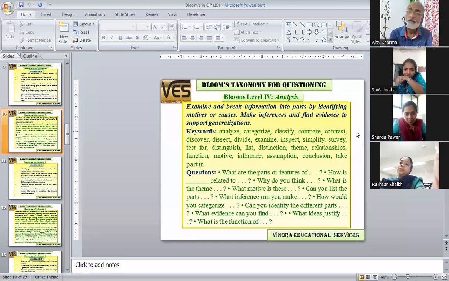Now this you will understand, everyone can tell. Drishyam 2 was released last Friday, and most of you might have seen it also. So if I ask you what is the theme of Drishyam 2? A police inspector killing a criminal. Simple. So that is analysis.